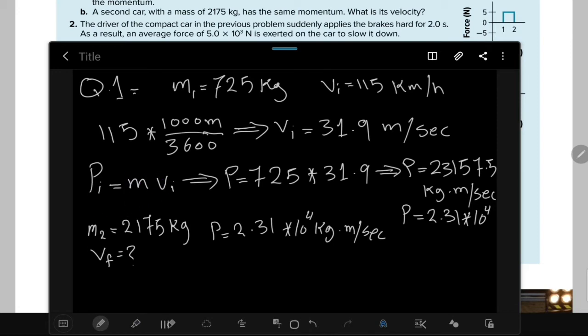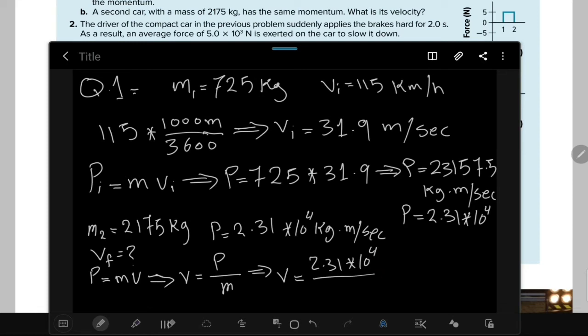From the same equation for the momentum, P equal to m v, we need to calculate the velocity, so v equal to p over m. After that, v equal to p, which is 2.31 times 10 to the power 4, over the mass, which is 2175.